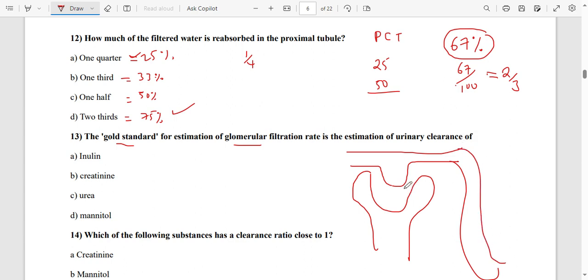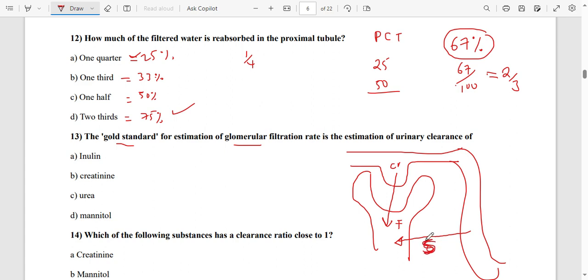So if you are talking about creatinine, of course, creatinine can be filtered, right? At the same time, there will be some creatinine which can remain, and what remains can be secreted.